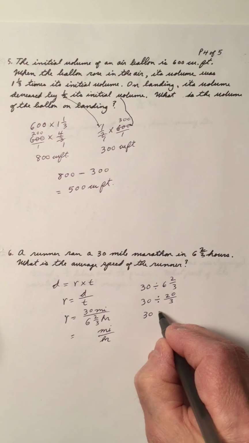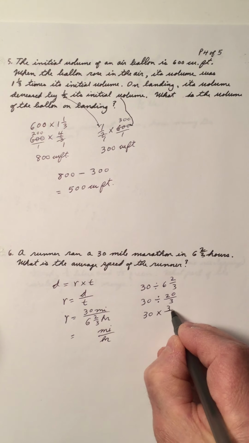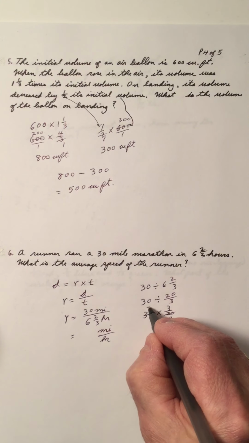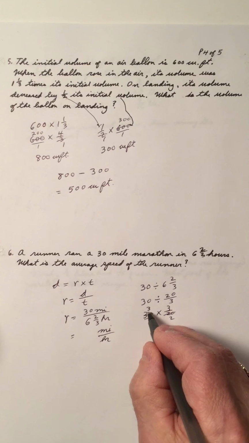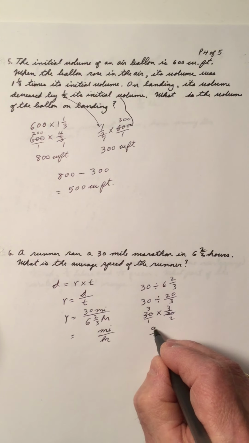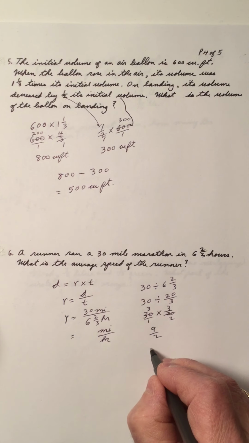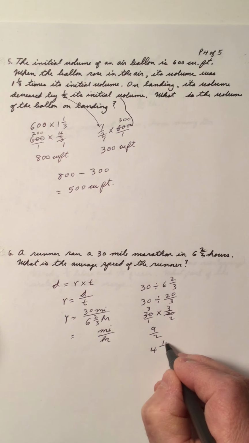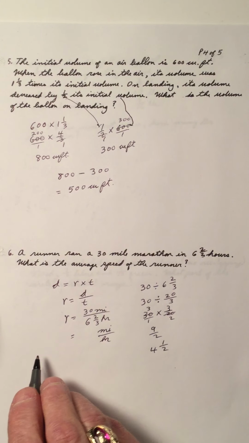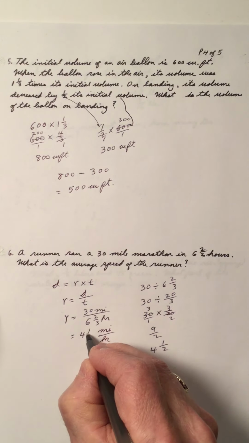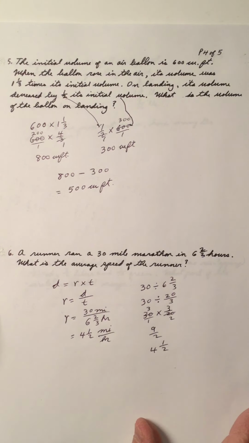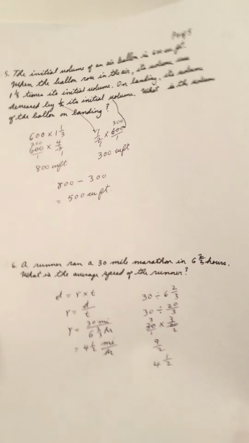So that's 30 times the reciprocal, 3 over 20. 10 and the 20 goes 2, 10 and the 30 goes 3, and 30 is understood to be over 1, so I get 9 over 2. 9 divided by 2 is 4 and 1 left over, so it's 4 1/2. So the average speed is 4 1/2 miles per hour.